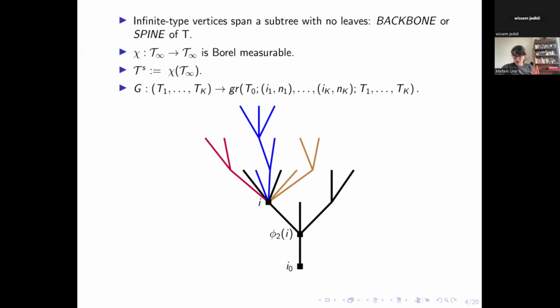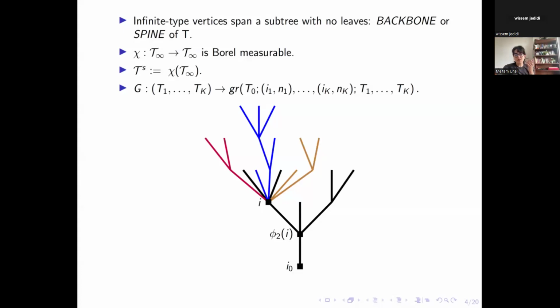But in an infinite tree, which is locally finite, we necessarily have infinite type vertices, because there has to be some infinite path. The vertices on these infinite paths are infinite type vertices, which means each has an infinite number of descendants.